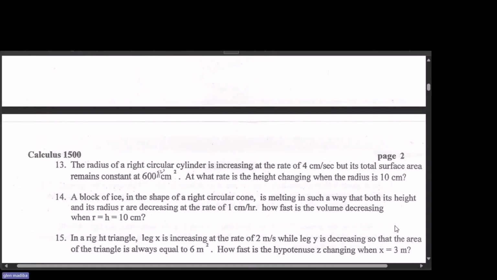How fast is the hypotenuse Z changing when X is equals to 3?